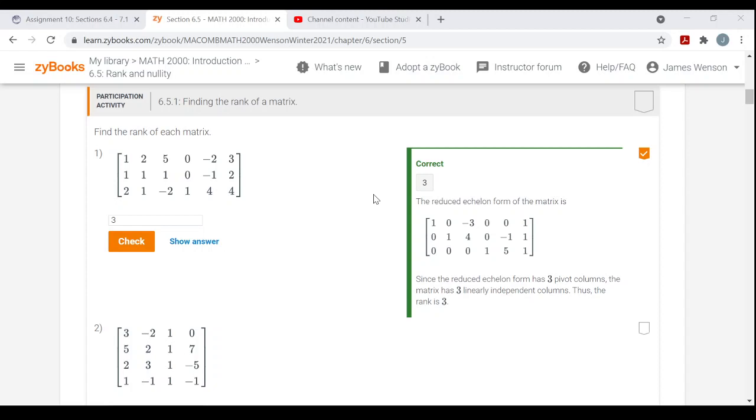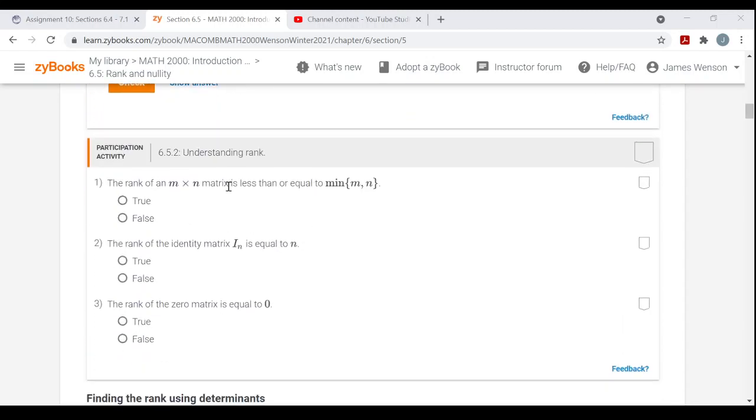The number of pivot columns, say you have 3 pivot columns, everywhere there's a pivot entry, that pivot is in a column and a row. So the number of pivot columns will be the same as the number of pivot rows. So the number of pivots you have can't be greater than the smallest number of rows or columns. So this is a true statement.